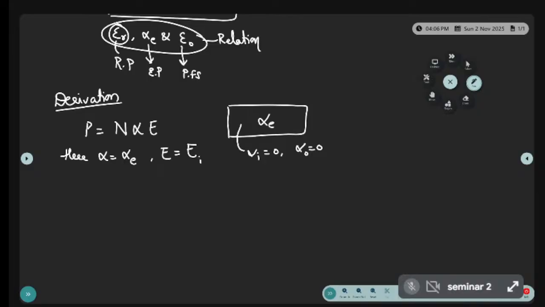According to the Lorentz method, E is equal to E I. And alpha, what will I take? Only alpha E. Why am I not taking alpha I or alpha O? Because which type of material did we select? Free from ions as well as free from dipoles. Ionic polarizability is 0, orientation polarizability is 0. Only electronic polarizability is there. That's why alpha is equal to alpha E.